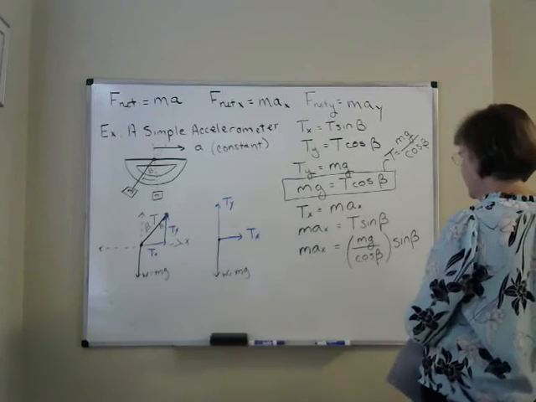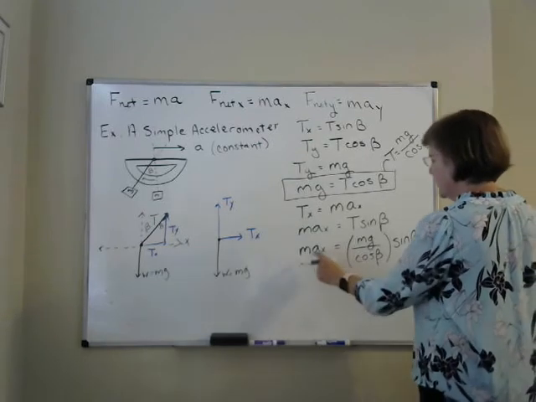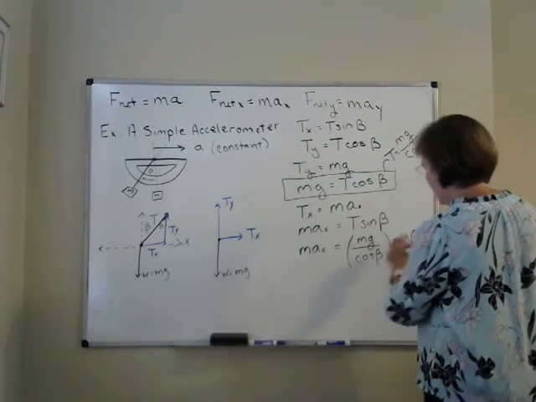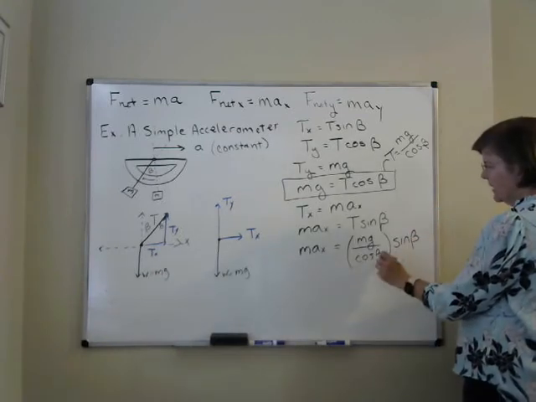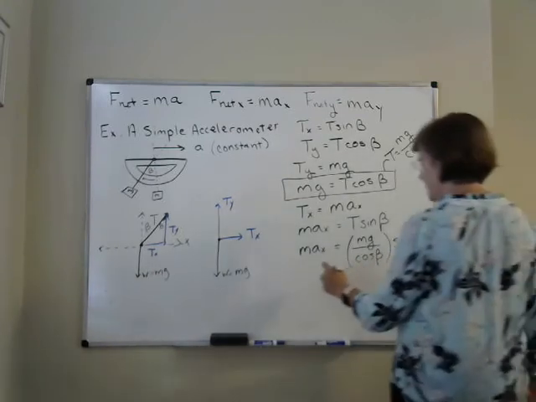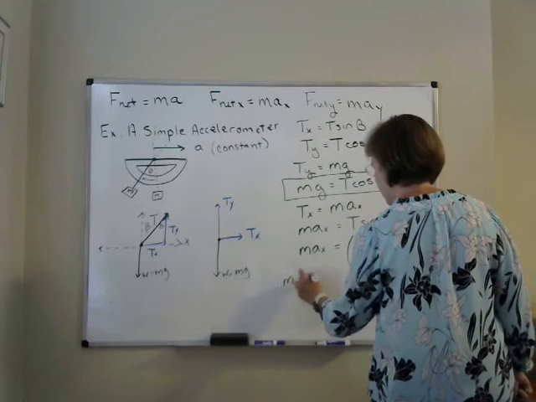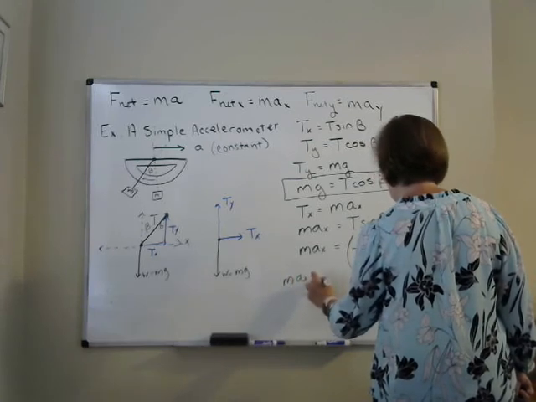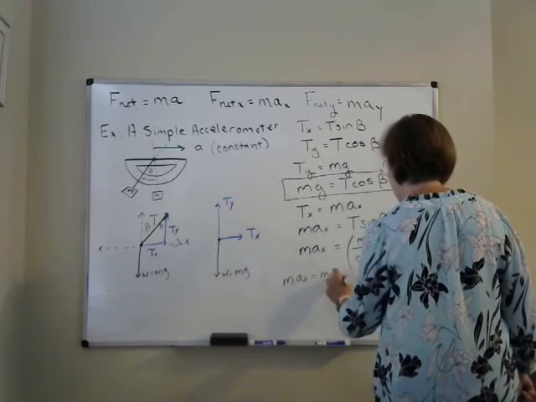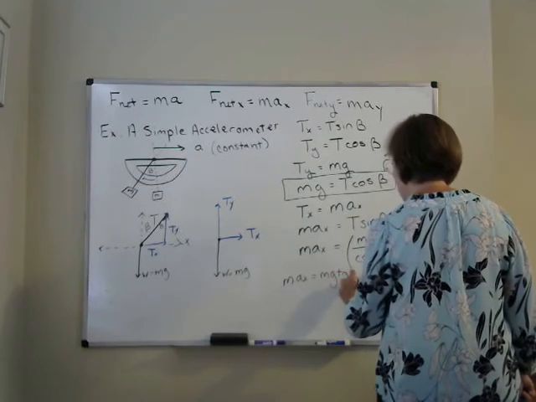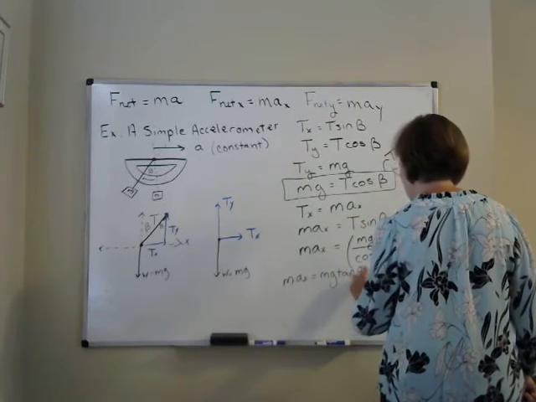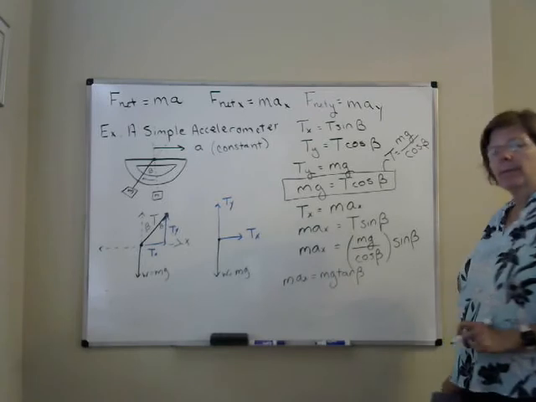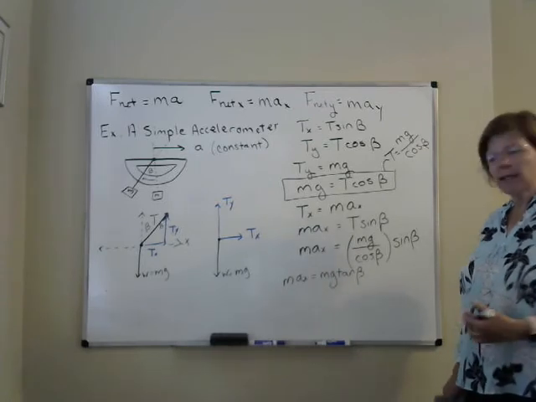Let's finish solving this. Notice right away we've got sine beta over cosine beta. That's tangent beta. So I'm getting m a_x equals mg tangent beta. But the m's will cancel out. I have an m on both sides.